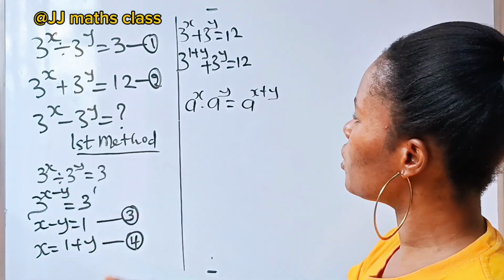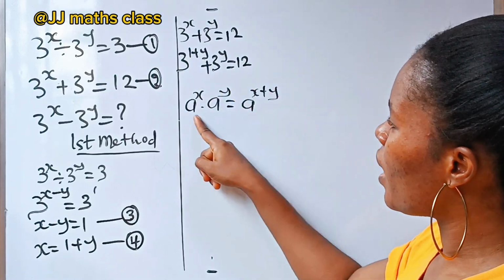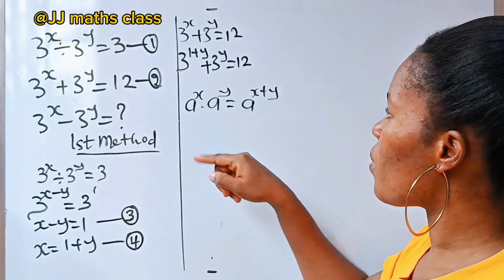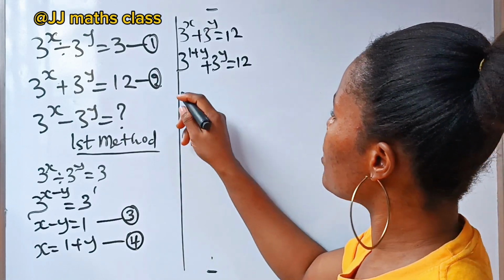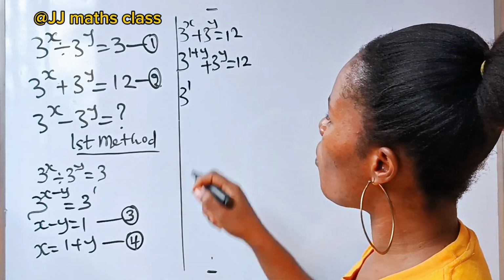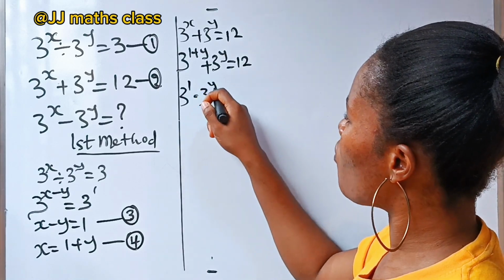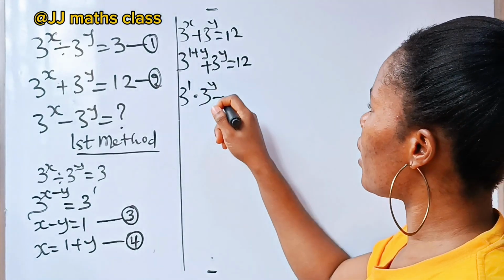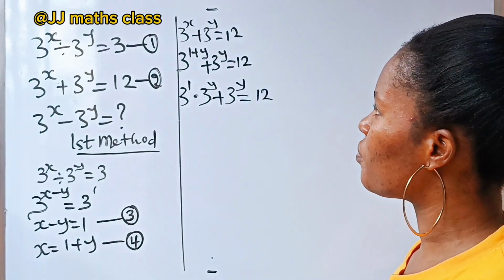Division is subtraction, then multiplication is addition. That means this is already in this form. Let's put it in this form. So we are going to have 3 to the power of 1 multiplied by another 3 with power of y, plus 3 to the power of y is equal to 12.